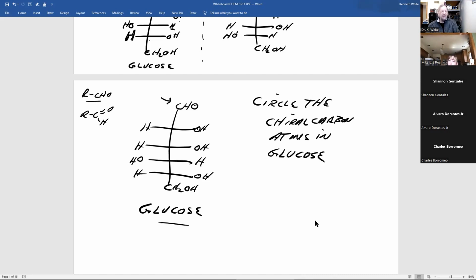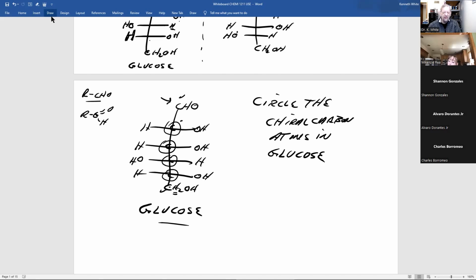But anyways, this carbon can't be chiral because it doesn't have 4 different things. So this is out. This carbon right here, it has 2 hydrogens. It needs 4 different things. It's out. So we now have these 4 carbons. And I'll only do one because they're all chiral. You should have circled all of these.